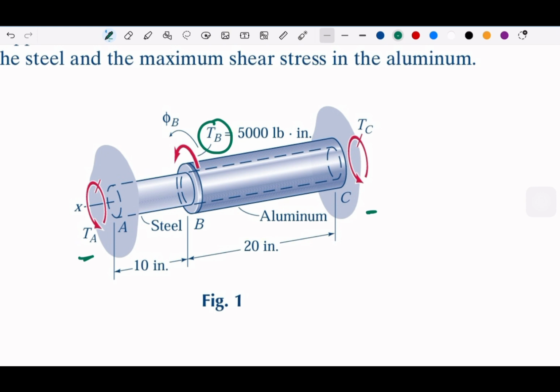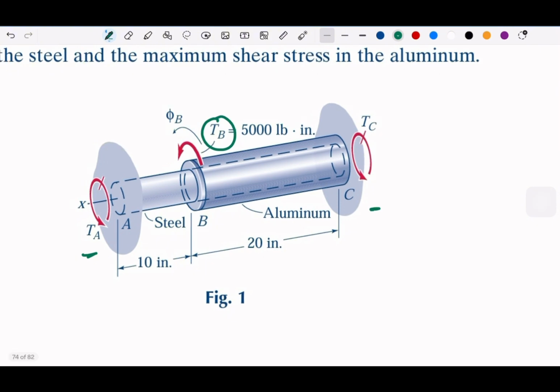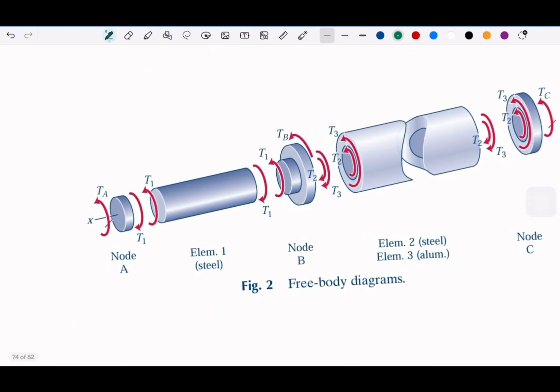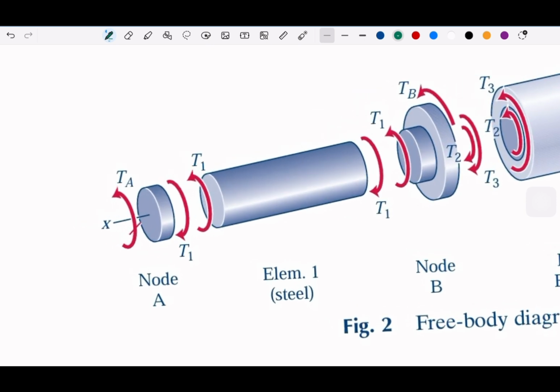We slice and make each one of them a diagram. So from this TA, we need to cancel TA by adding T1, okay? And then in element 1, we need to add T1 opposite to the other T1 so that they will cancel out, right? So we have another T1. So it's like making a pattern. So we start from here, from the picture above.